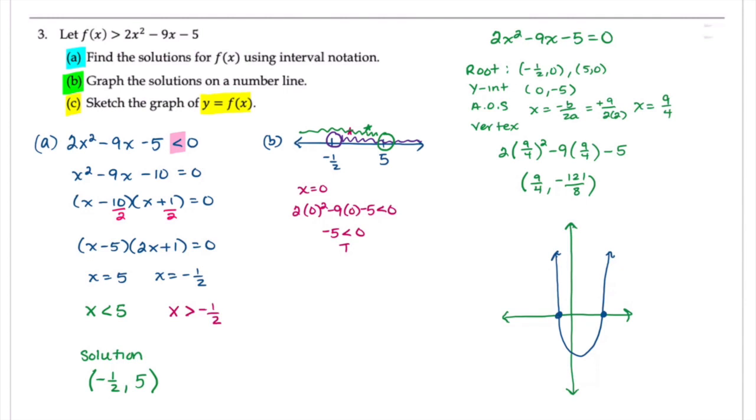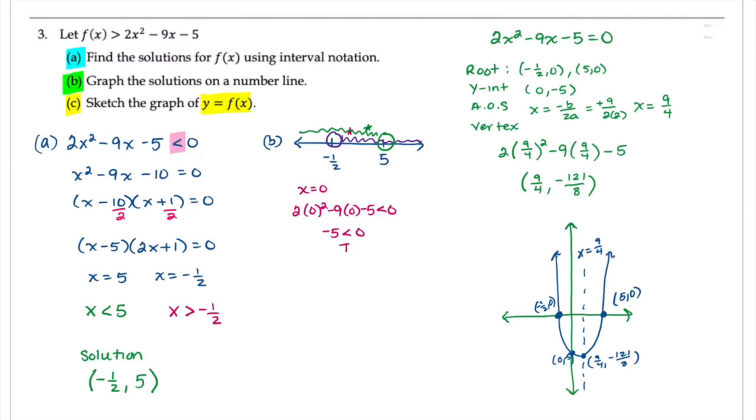Again, it's a regular one they wanted us to graph, y equals, so my parabola is just the normal style that we have seen. And I am done.